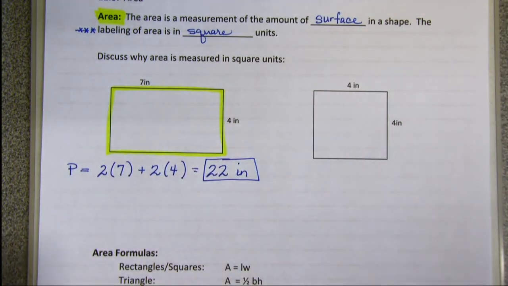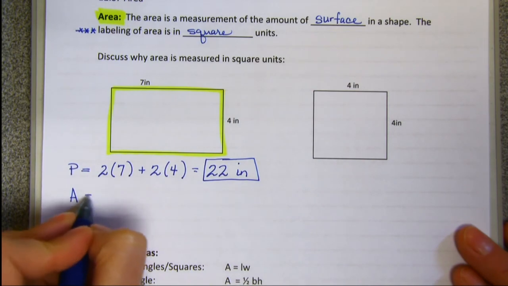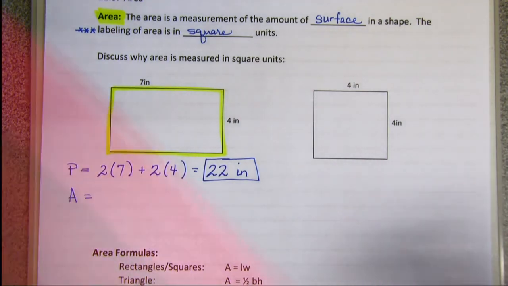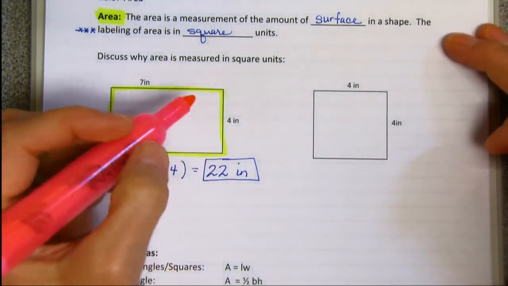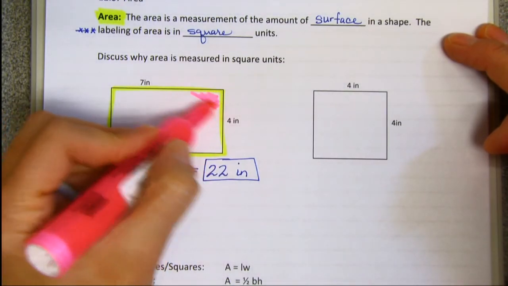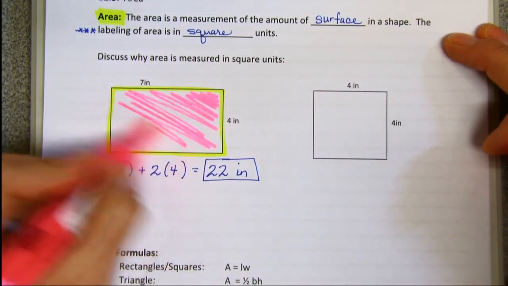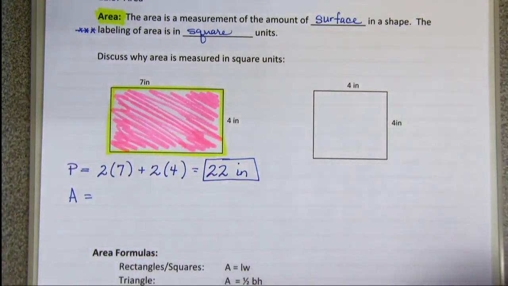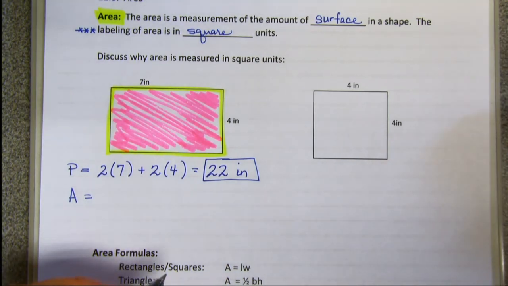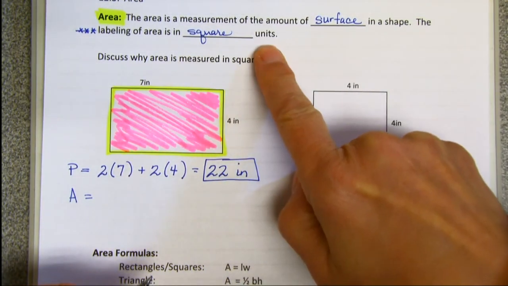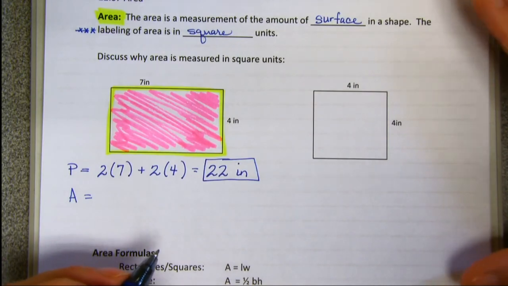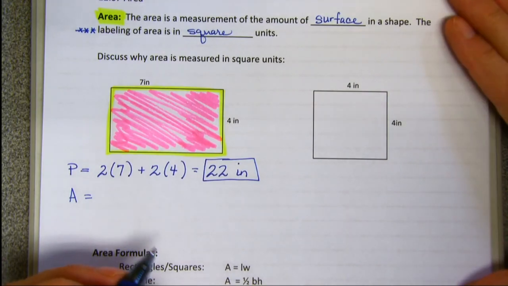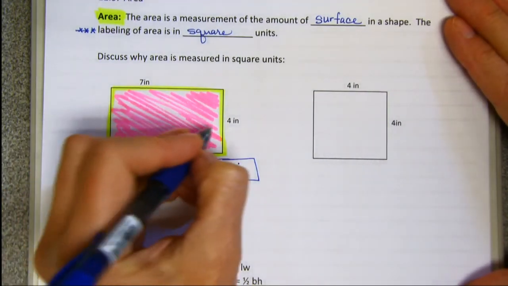Now, where area is different, area is not the distance around, area is the surface. This is considered the surface. So area is going to be done in pink. Here's the reason it's in square units: you count how many squares it takes to fill up this rectangle.